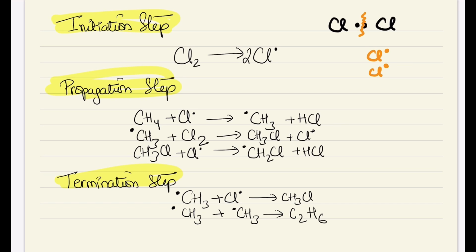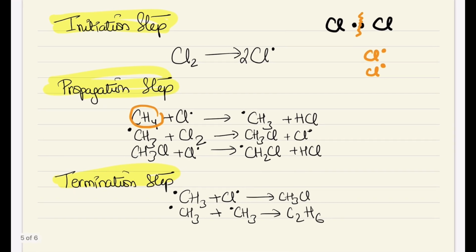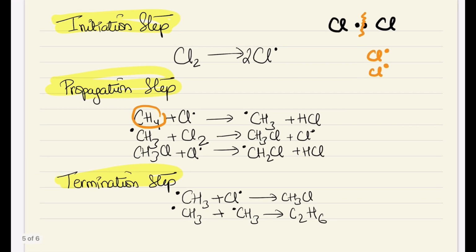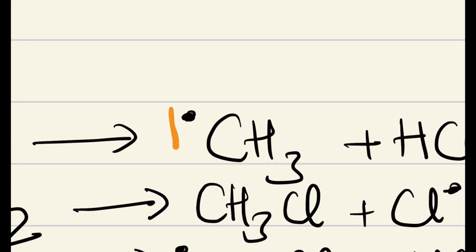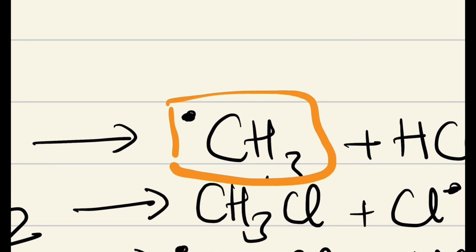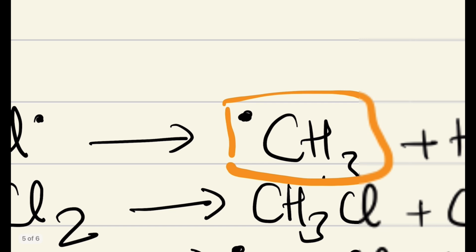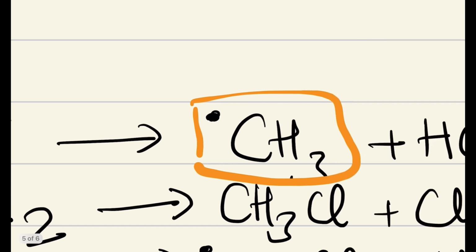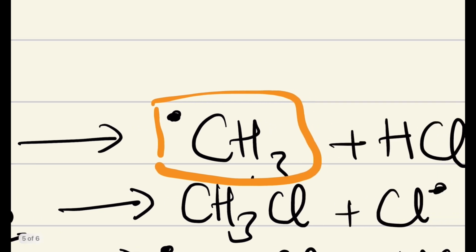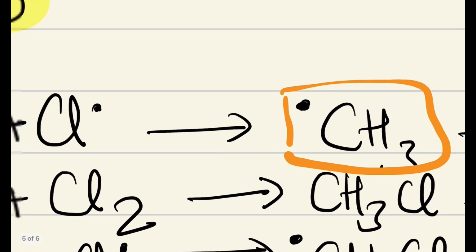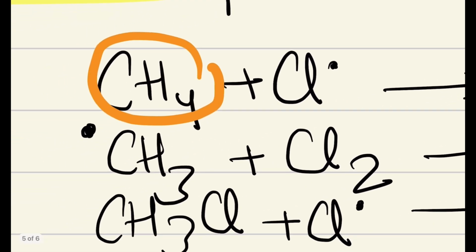So the chlorine goes about and attacks the alkane, the CH4. When it attacks the alkane, it actually turns it into a radical itself. So the poor old CH4 has now become a radical. So it's now a CH3 dot. Because it's been radicalized, it's going to go and attack other molecules, such as this chlorine.